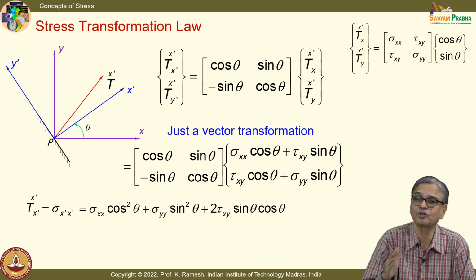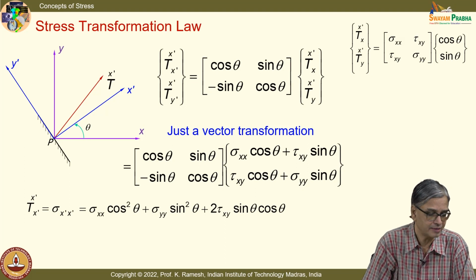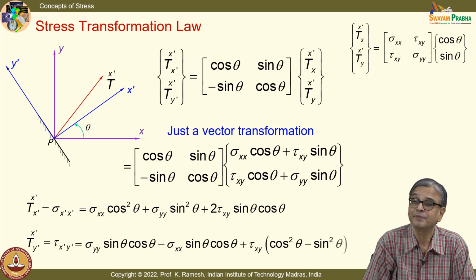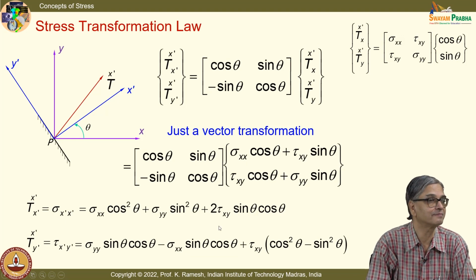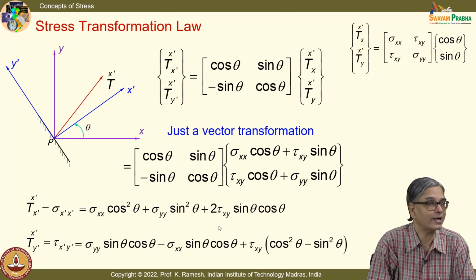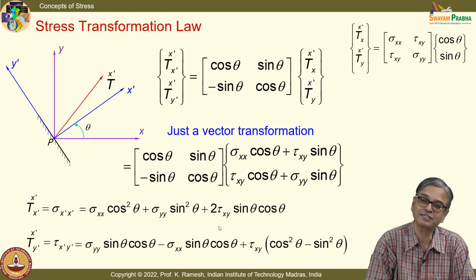From first principles you can always derive, but it takes time, and some of you have very good memory. You may even memorize these expressions, but when you come to the examination, you will have a confusion whether this is plus 2 tau xy or minus 2 tau xy, because when I have the expression for sigma y prime, I will have a negative sign.